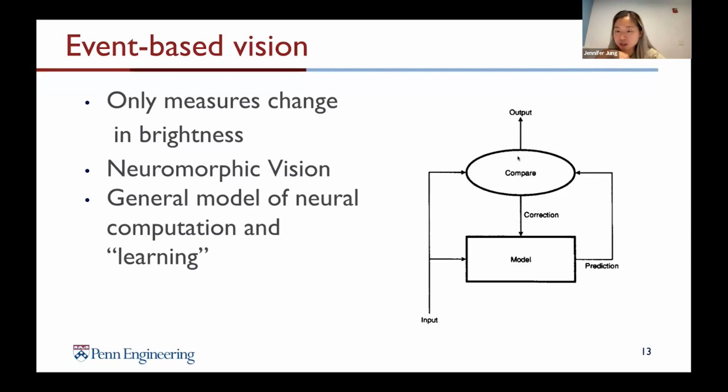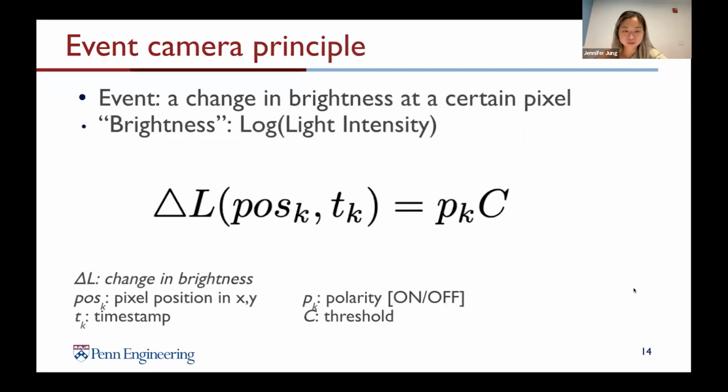So you compare the two, and because the input says it got brighter, you have to modify your model to say, okay, we understand, it's actually 150 now, not 100. So that's the neural computation loop that event-based vision is based off of.